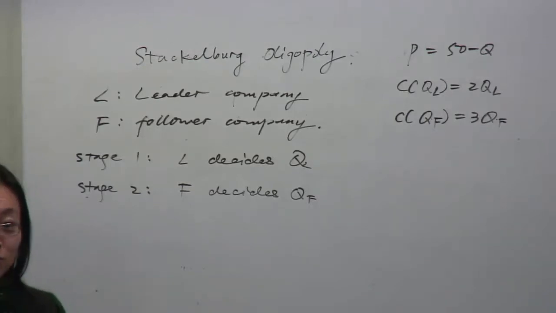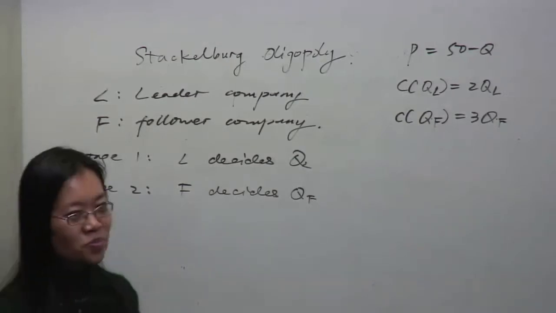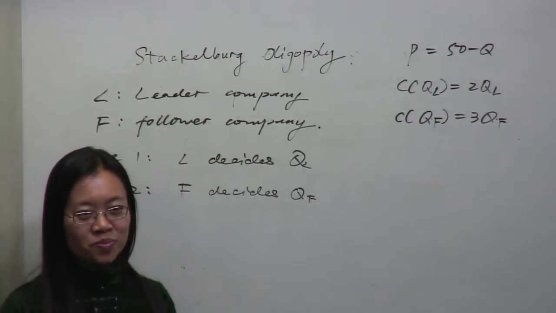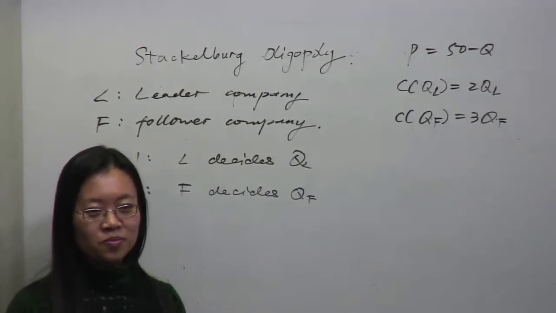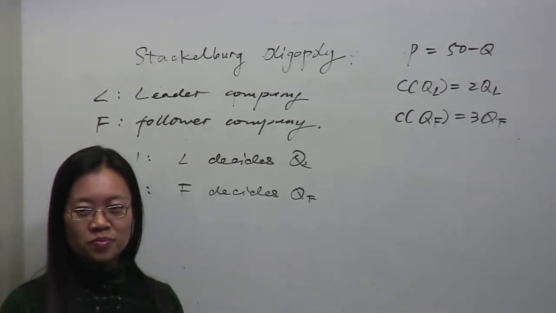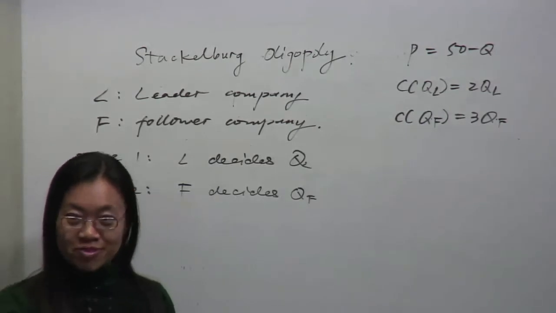Which one is going to maximize profit? Or both? QL includes QF already, so QL is going to take the total Q as its decision basis.